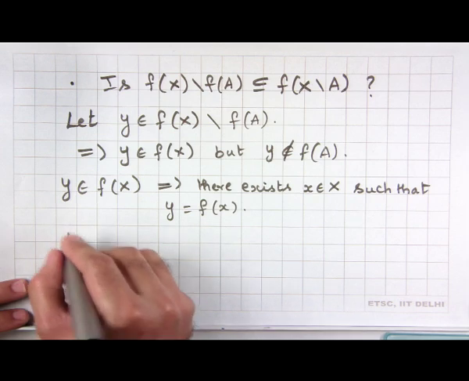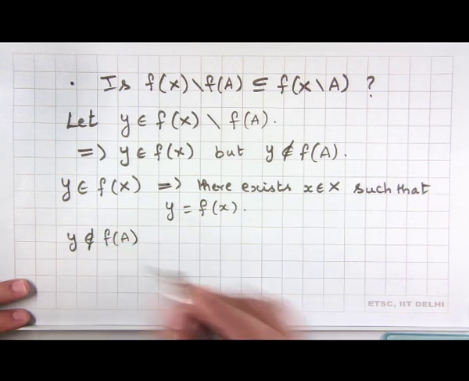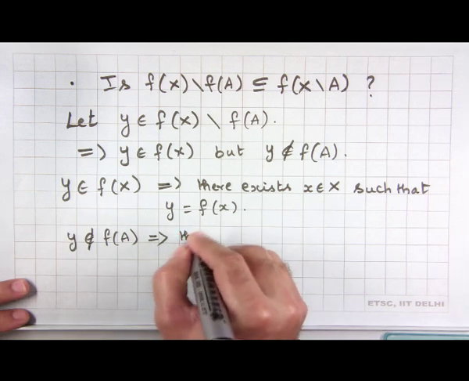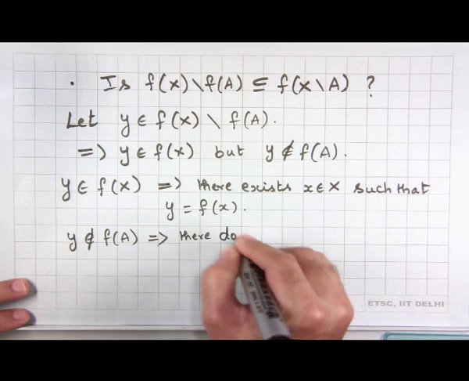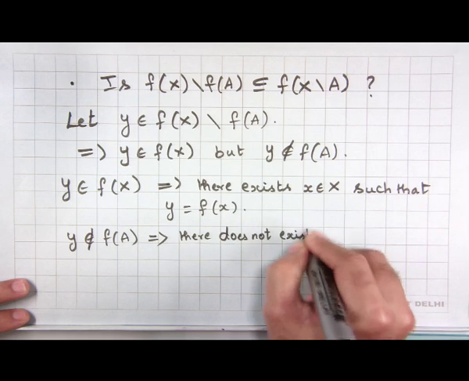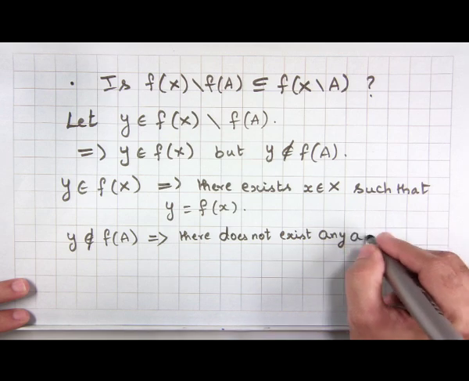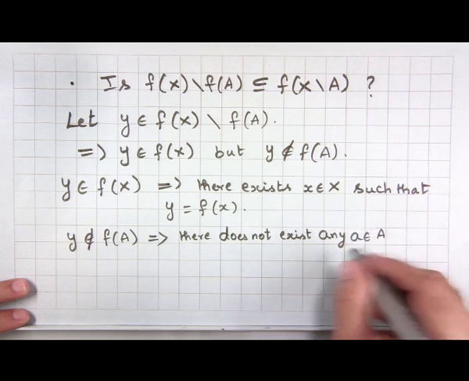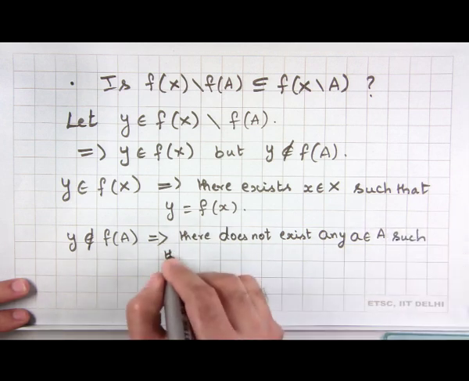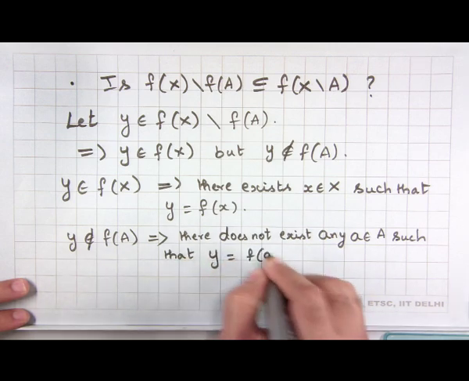On the other hand, y does not belong to f of A, that immediately implies there does not exist any element a in A such that y is of the form f of a.